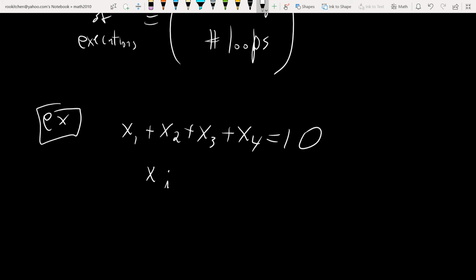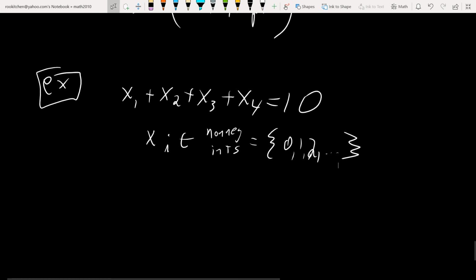So x sub i is in the non-negative ints, which means it's in the set 0, 1, 2, etc. If it asks for the positive integers only, you exclude 0. And I'll show you an example of that next.